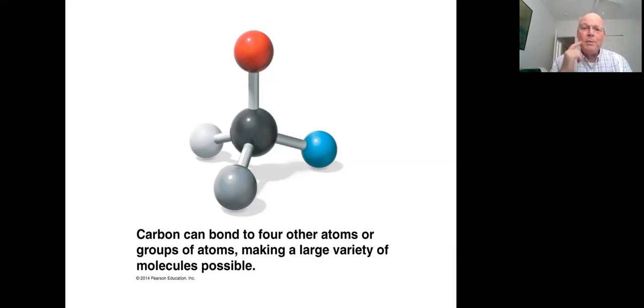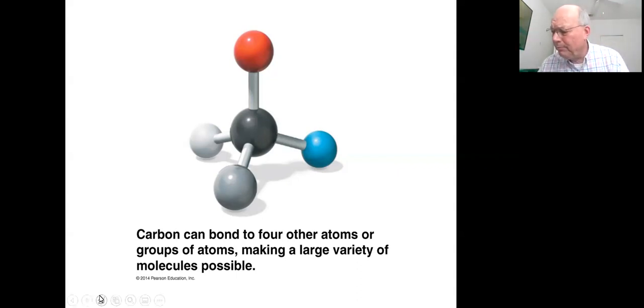And carbon sits at the top of column number 4 in the second row. So its valence shell is shell number 2, and it has 4 electrons in that valence shell because of its location. So any other element that sits in column number 4 should also have 4 electrons in its valence shell and therefore be capable of at least forming 4 covalent bonds. So as soon as we look underneath carbon, we find the element silicon, given the symbol Si.